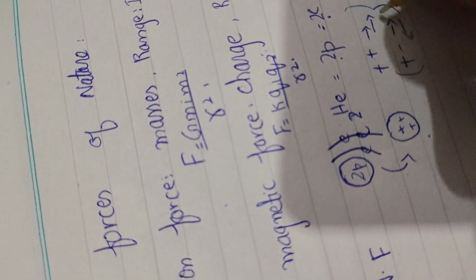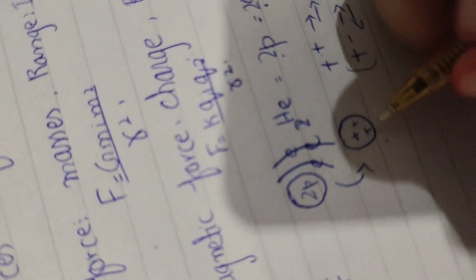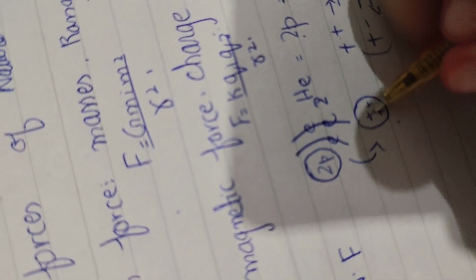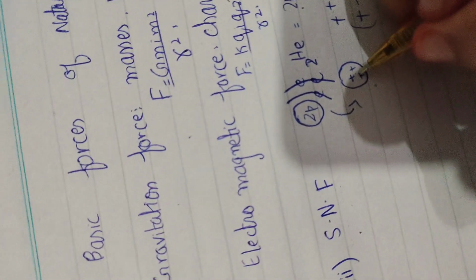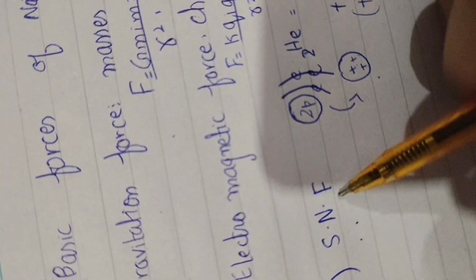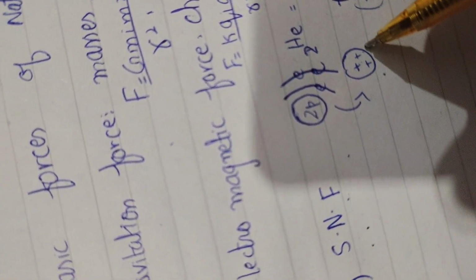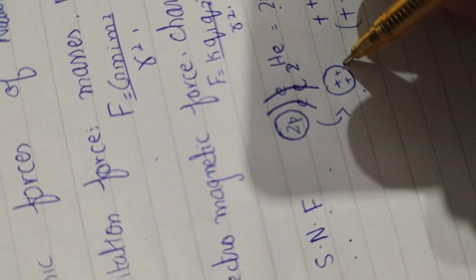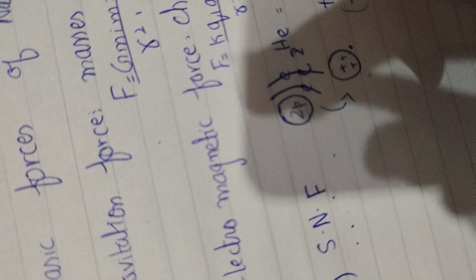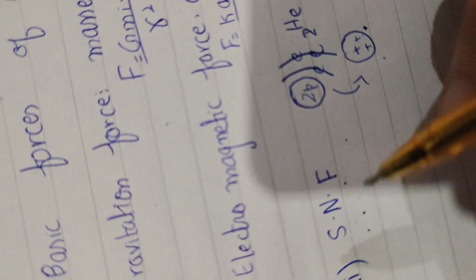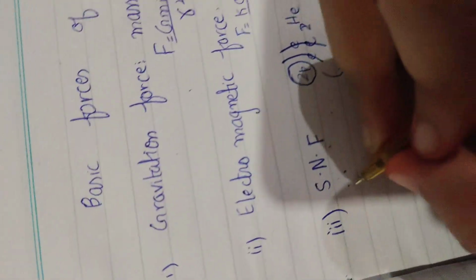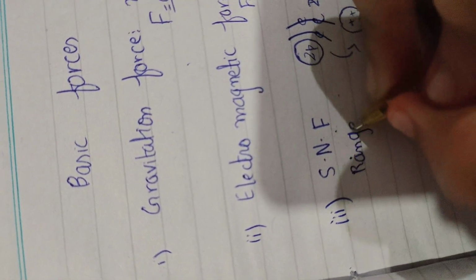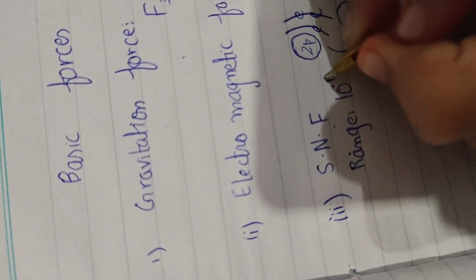So why are these positive charges not repelling each other? They are repelling each other, but due to the strong nuclear force, they are held together in the center, in the nucleus. The basic purpose of this force is that it keeps the protons in the nucleus. And the range of it is 10 to the power minus 11 meter.